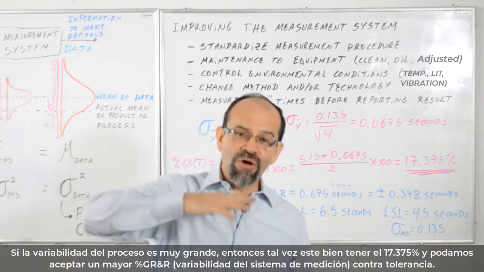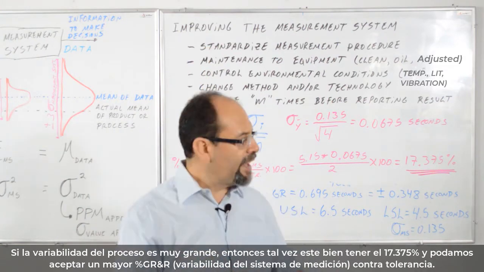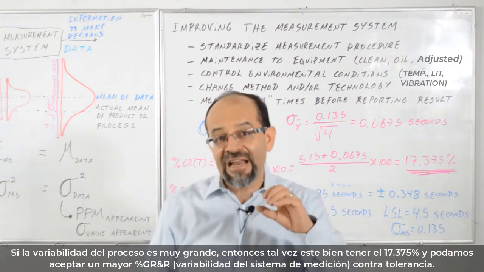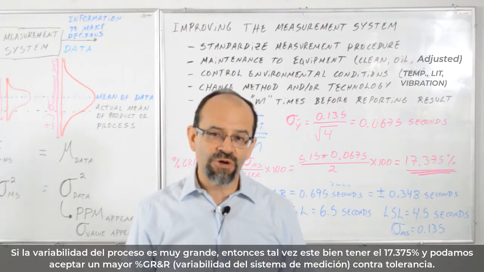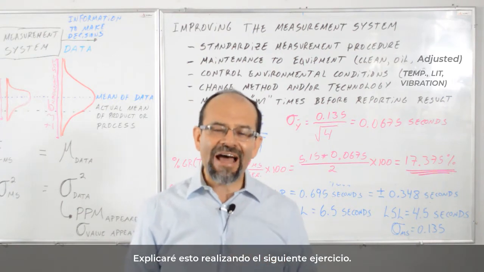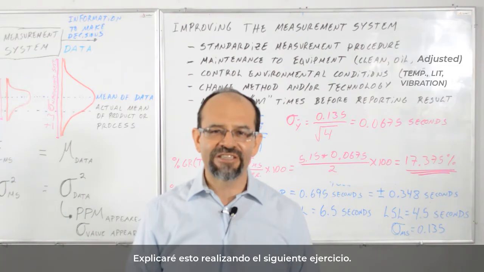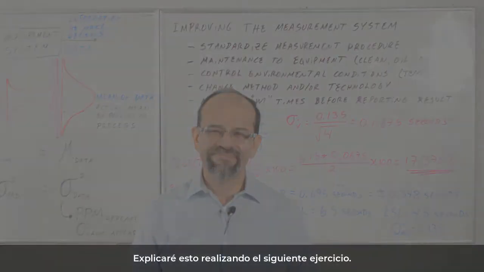If the variability of the process is very big, maybe it's okay to have 17%, and I can accept a greater percentage of GR&R against tolerance. I will explain that by doing the next exercise.